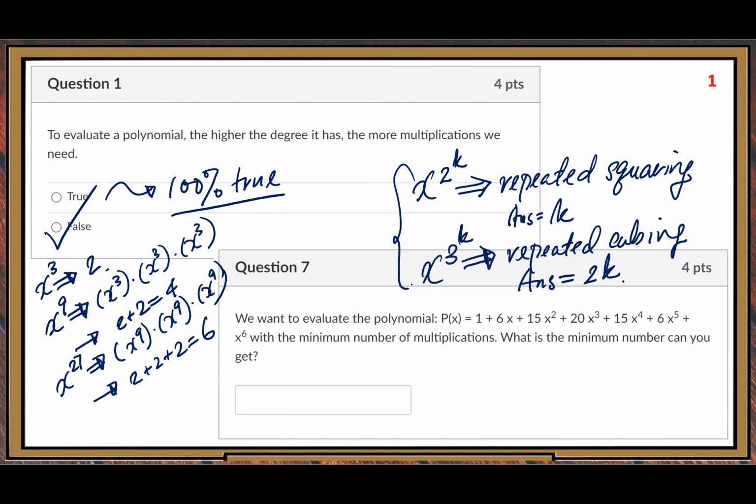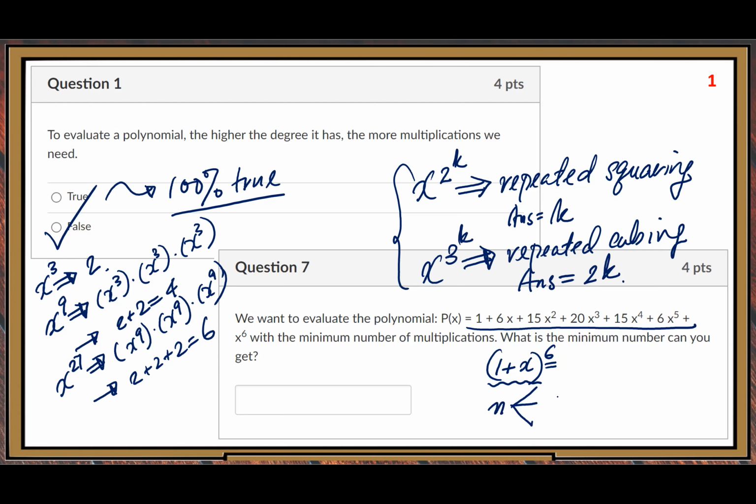Then for question number 7, it is 1 plus x to the 6th power, okay? We can treat this parenthesis as one number, but this time, not a power of 2, not a power of 3. For a general n, we can split it into many different ways, right?